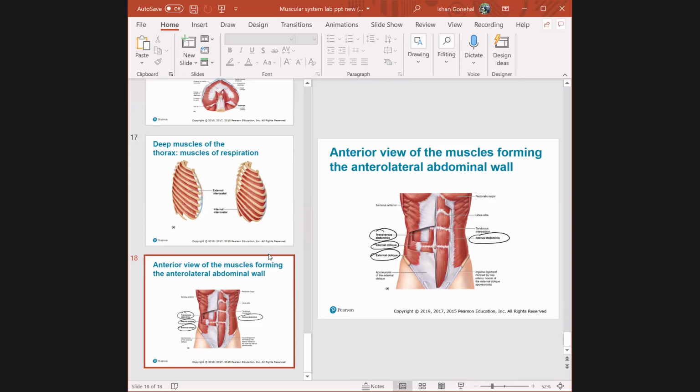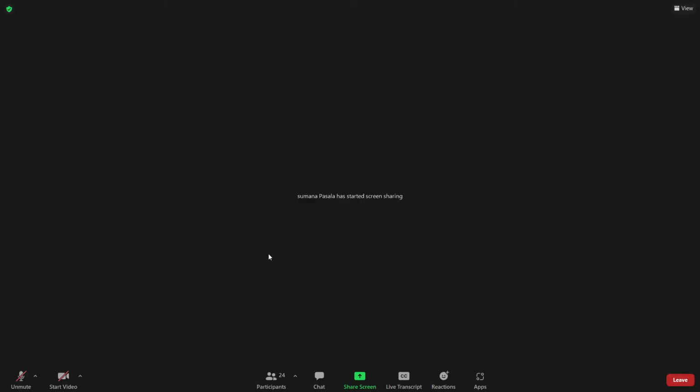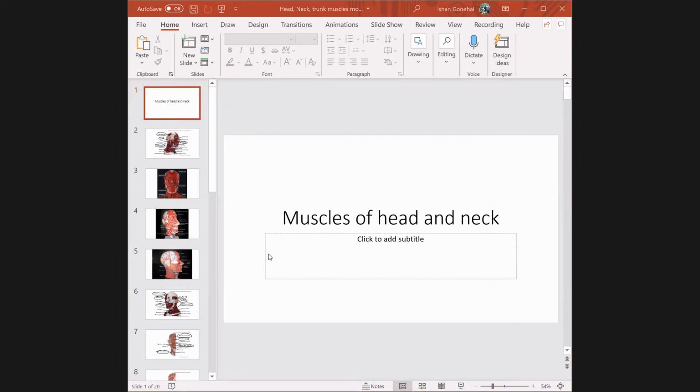Now I'm going to share the actual model pictures. This is just an introduction. So I'm just going to show you, give me a second. One second, guys.